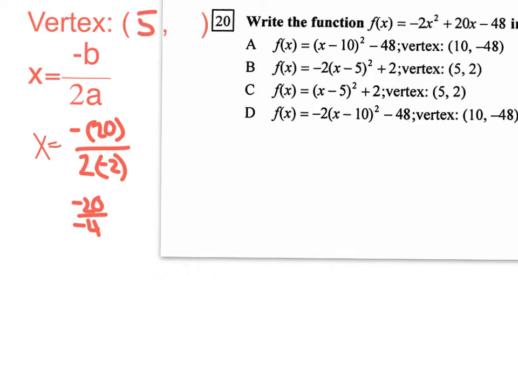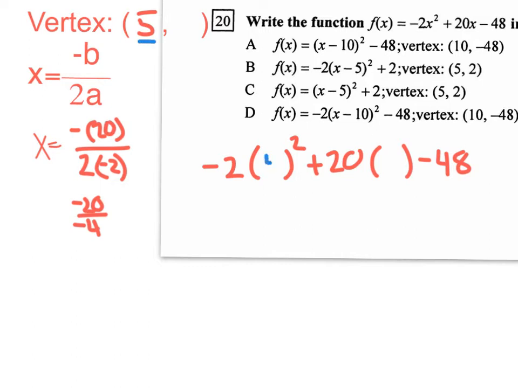How do we find the y value once we already have the x? Plug it in, right? So what we need to do is go back to the quadratic trinomial equation, and instead of x's, put parentheses. So there it is. What I'm going to do is plug in the vertex x value of 5 into the parentheses. There's a 5 right there and a 5 right there. Let's work this out.